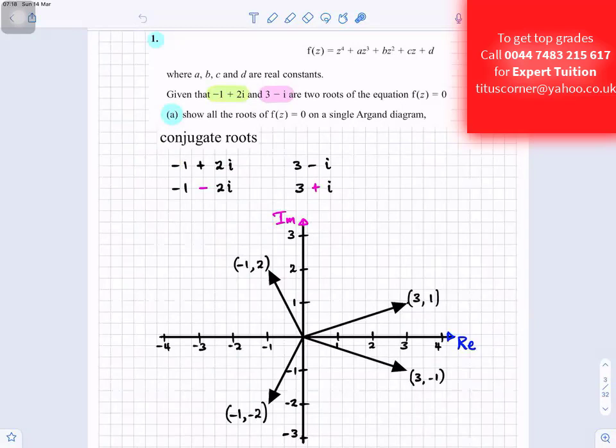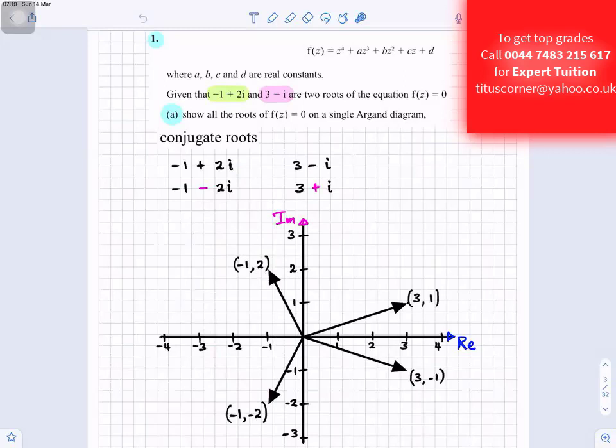If we want to represent that one, we'll come here: -1 to the left and 2 up. So that's the first one. The next one, -1, -2: -1 to the left and -2 down. So this one is representing this one, and this is representing that one there.